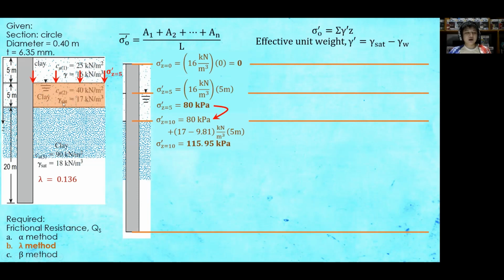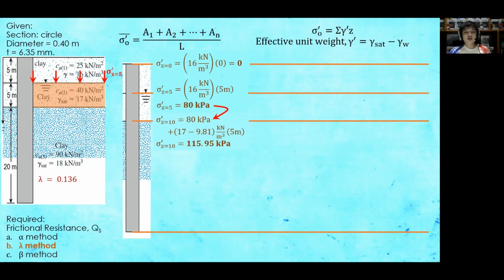That is, we have now our gamma sat 17 minus 9.81 kilonewtons per cubic meter for water, and multiply this effective unit weight to the remaining depth, which is 5 meters. Thus, our effective stress at this point now is equal to 115.95 kilopascals.